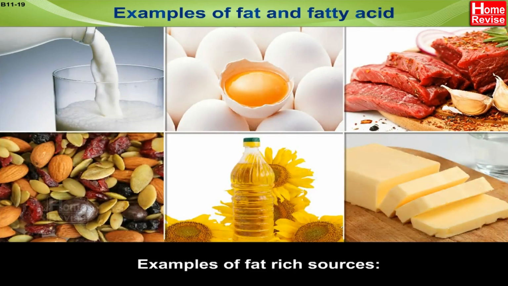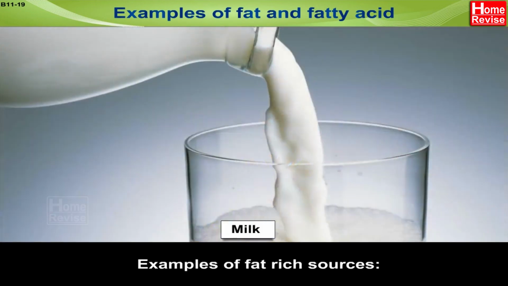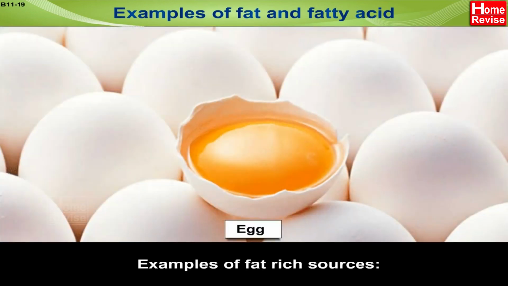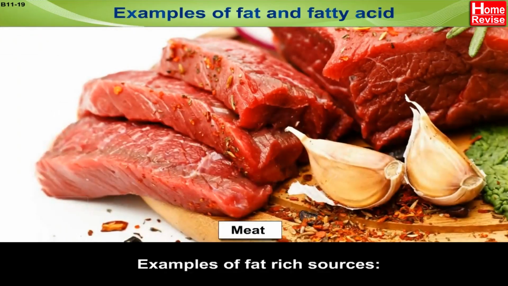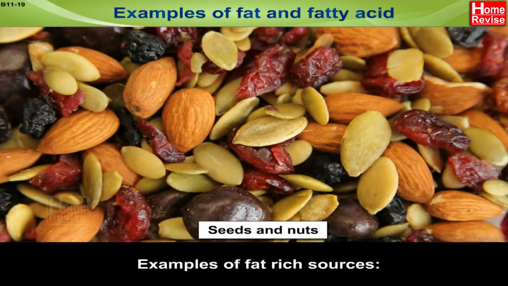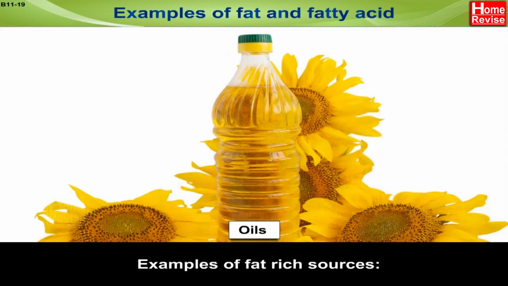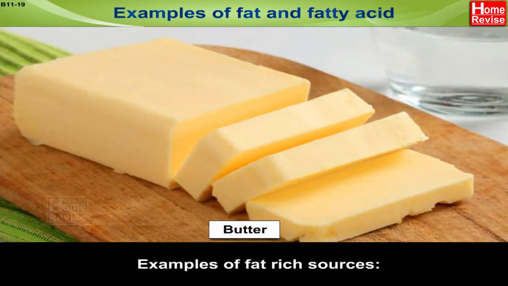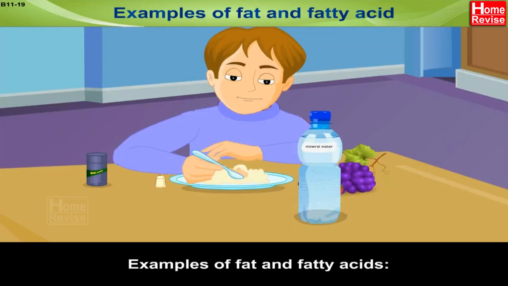Examples of fat and fatty acid. Let's first see examples of fat-rich sources. Milk, egg, meat, seeds and nuts, oils, butter. Examples of fat and fatty acids. 1.